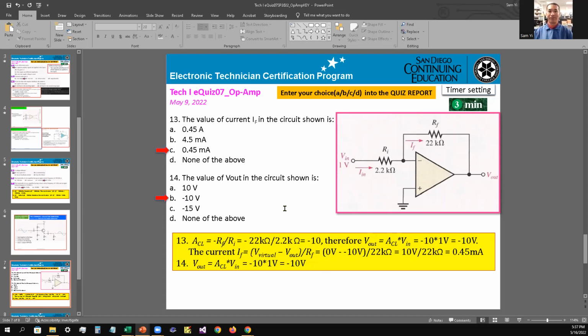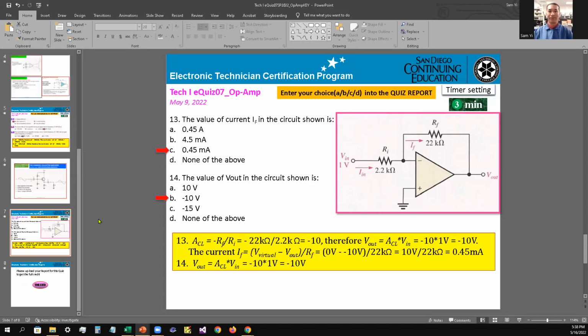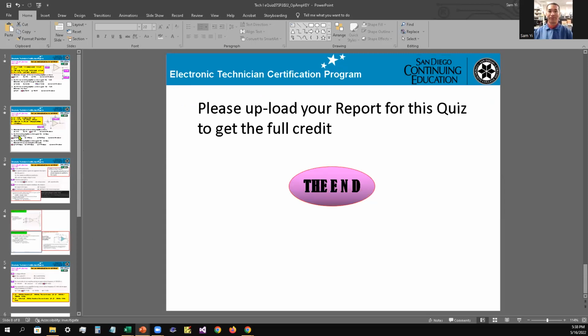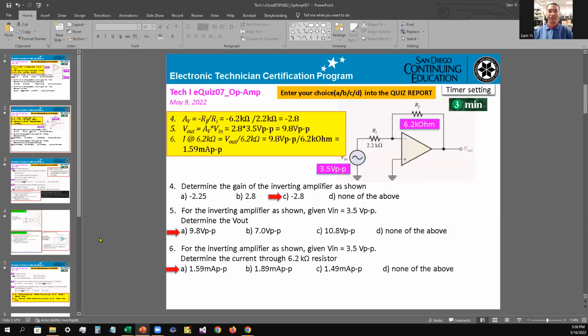Any questions on 13 or 14? Hey, can I see the answers for 4, 5, 6 again? Let me go through it and then go back to 4, 5, 6. Okay, now going back to 4, 5, and 6.